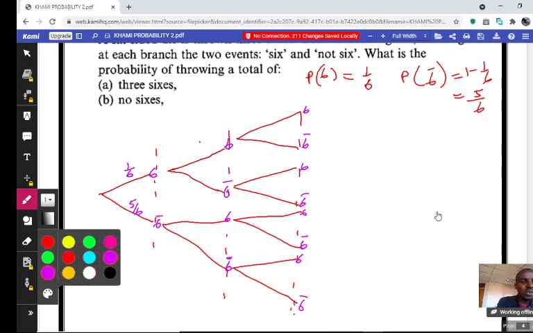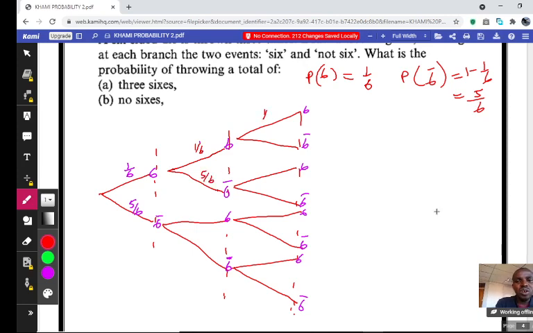Let me use a different ink here. 1 over 6, 5 over 6, 1 over 6, 5 over 6, 1 over 6, 5 over 6, 1 over 6, 5 over 6, 1 over 6, 5 over 6.